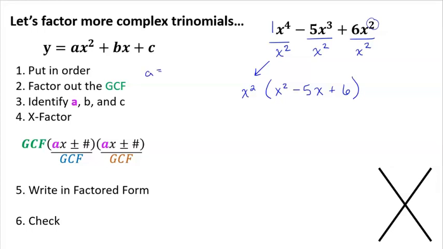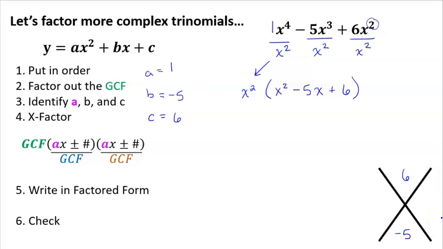And then we've got a, b, and c. And we've got 1, negative 5, and 6. Remember in this part, when you factor out your GCF, your a, b, and c is coming from inside those parentheses. And then from here we have a times c, which is 6. Negative 5 goes in the bottom.